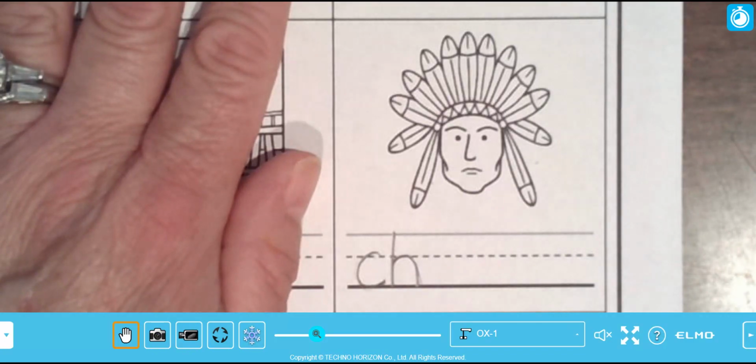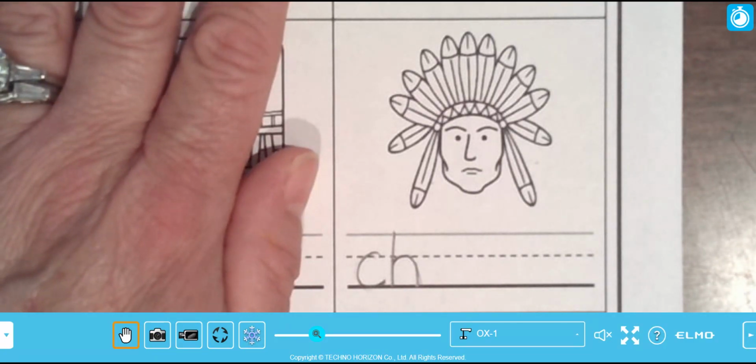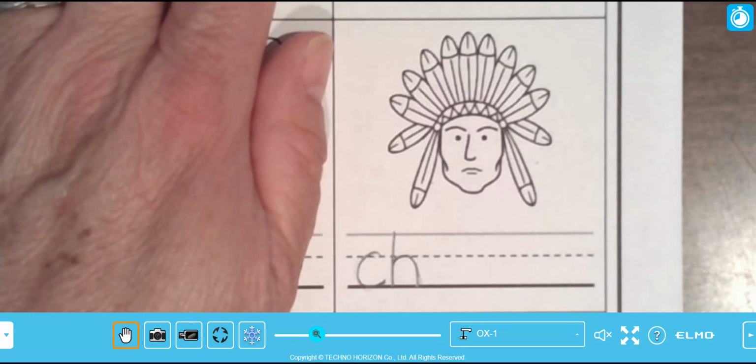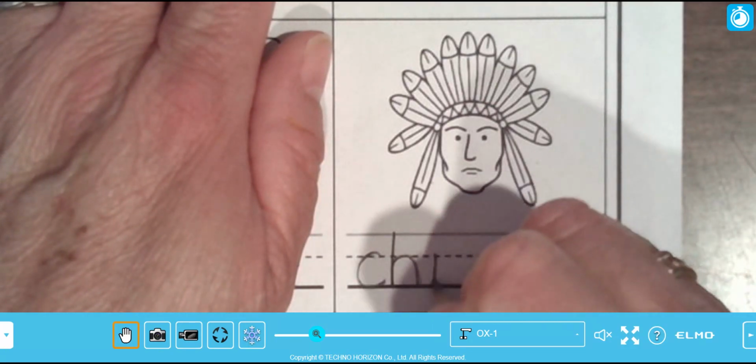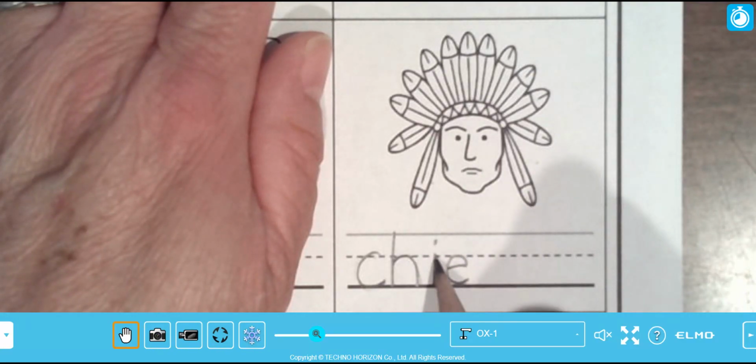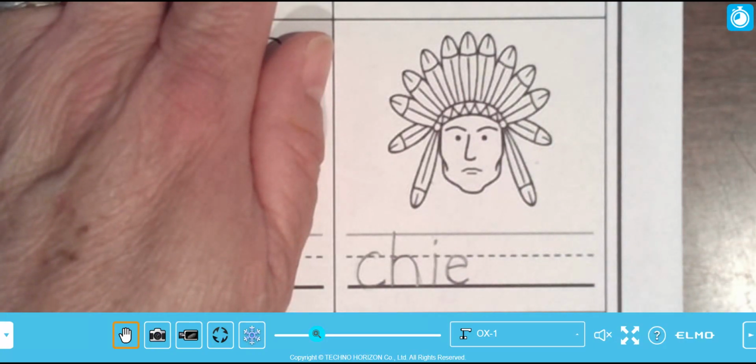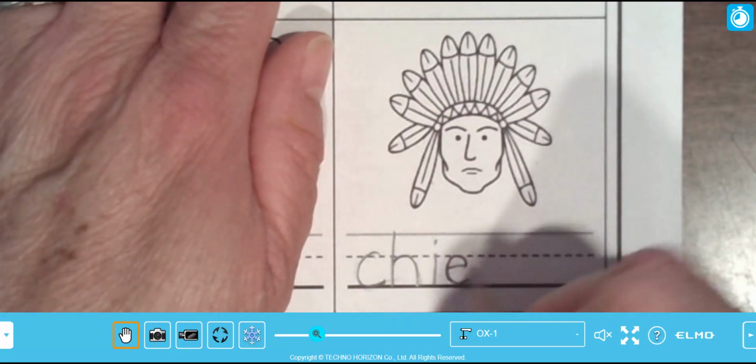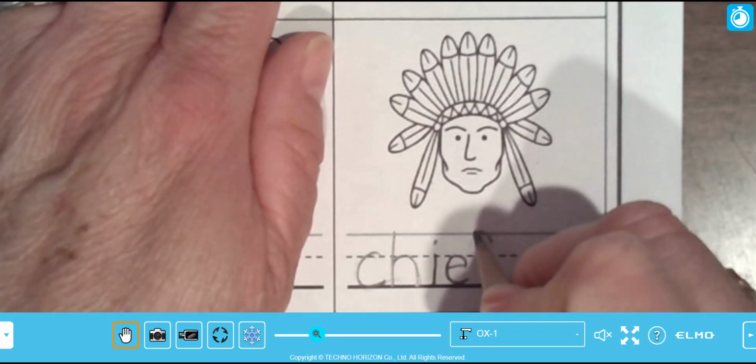Ch. And then comes the vowel team IE. IE. And both I and E are smalls. Small. Small. So ch, E. And the last one is f, ch, E, f, the F. And F is a tall.